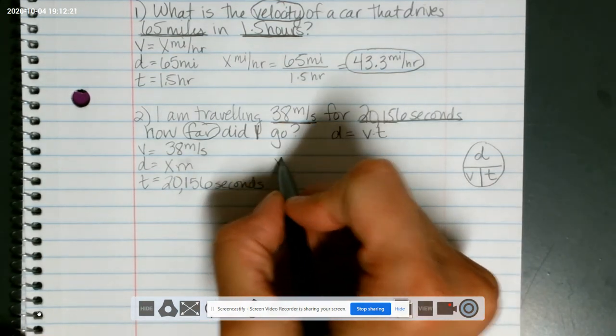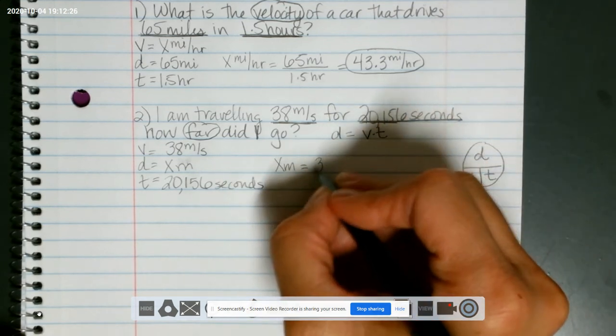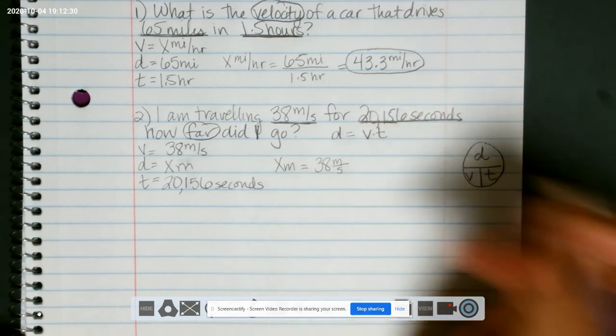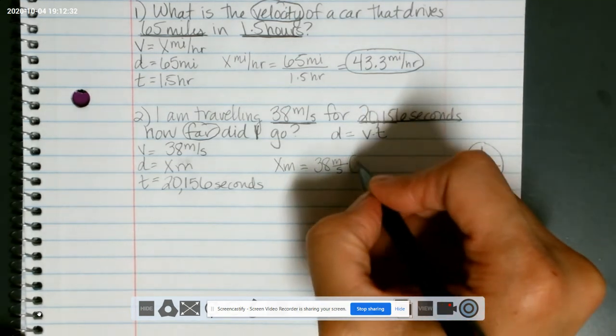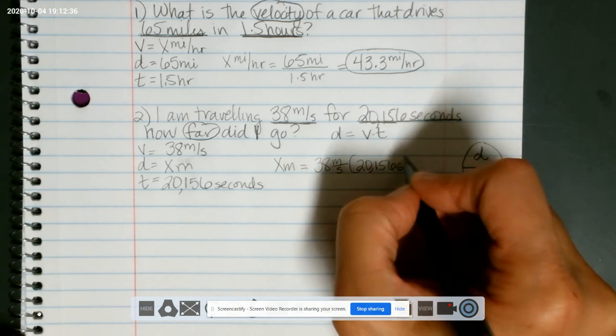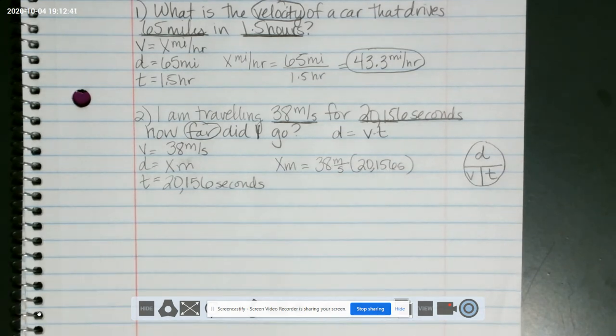D is x meters. My velocity is 38 meters per second. And I'm going to multiply that by 20,156 seconds. So notice I just put parentheses around it to remember to multiply.